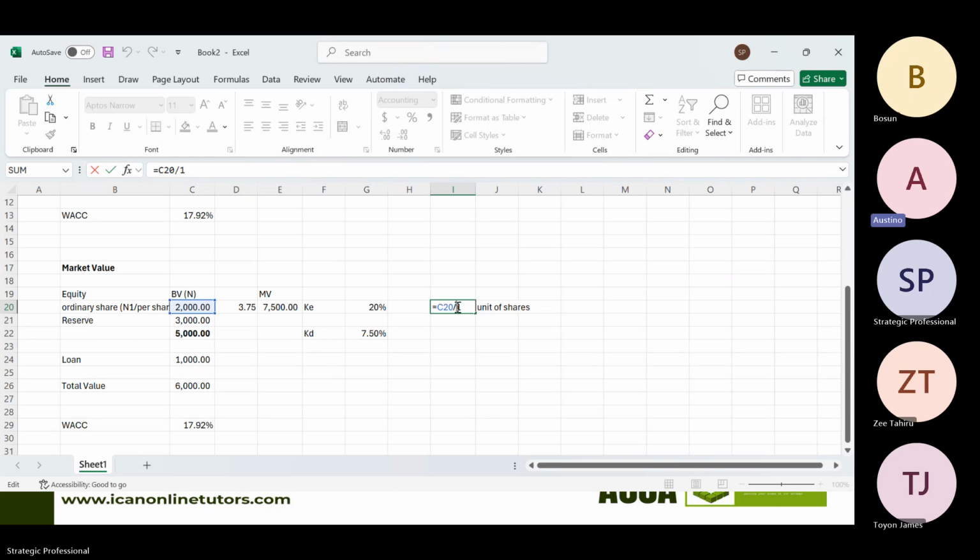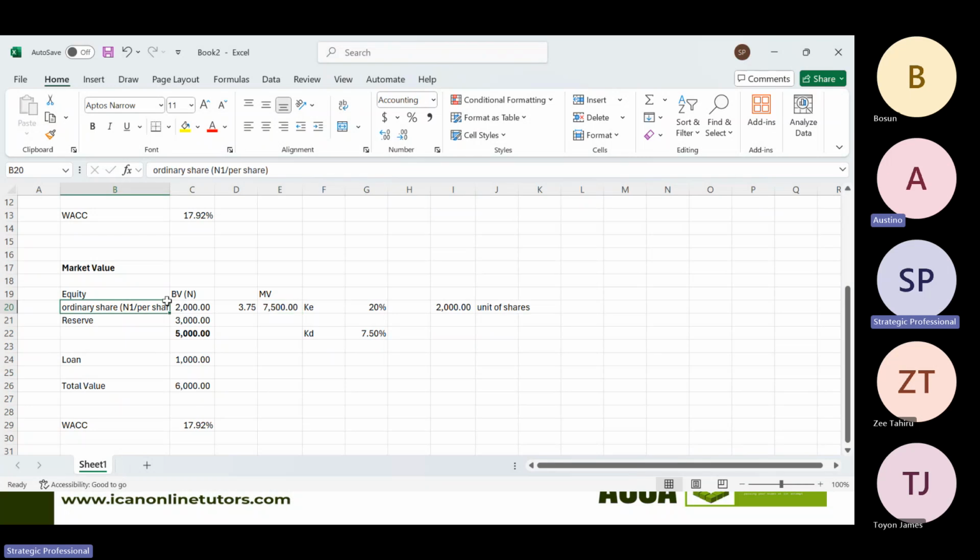Yeah, I'm with you. All right. So if the current market value is 7.5, it means the value of your equity at the moment is 7.5. Now you've gotten your market value of equity, and you want to get your market value of loan. They told you that your loan is being traded at 80 in the question.